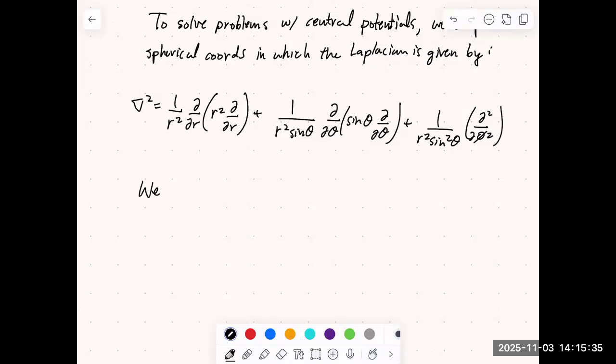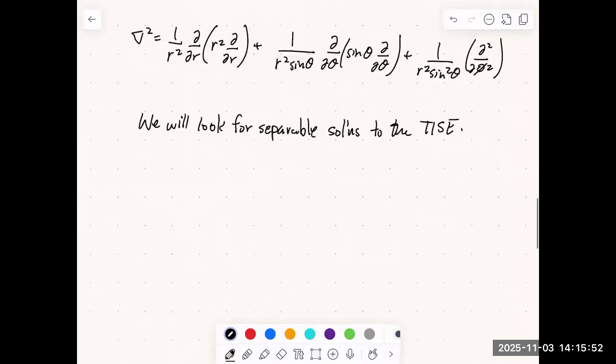So we will look for separable solutions to the time-independent Schrodinger equation. Okay, so our eigenfunctions that we're going to look for are going to depend on r, theta, and phi. And what we'll start with is we'll separate the r from the angular variables.